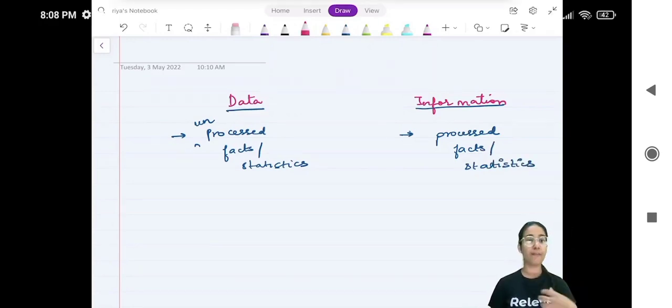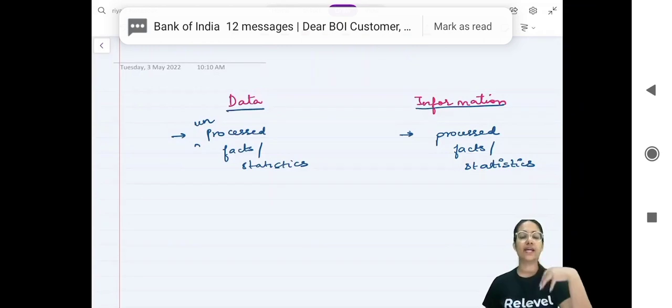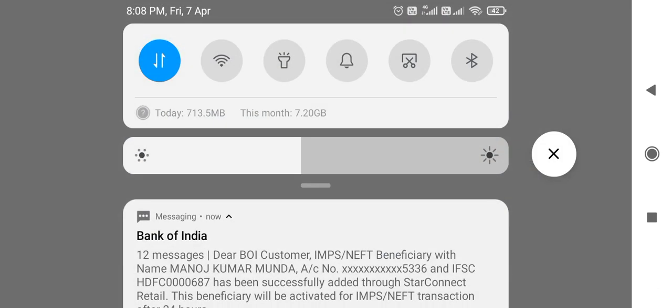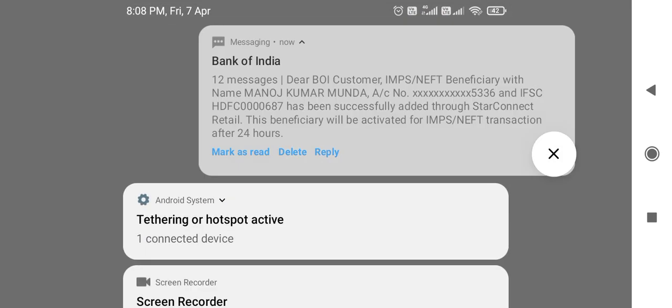So if a website is storing my IP address, then just storing that particular fact, that's data.